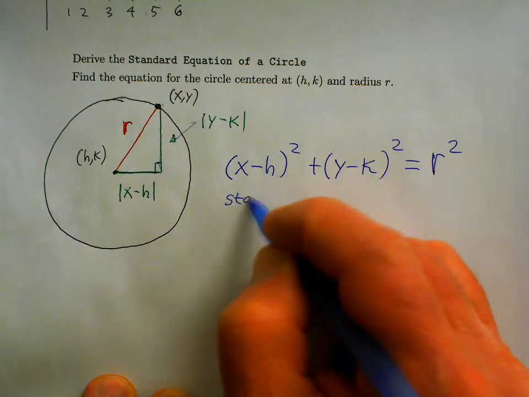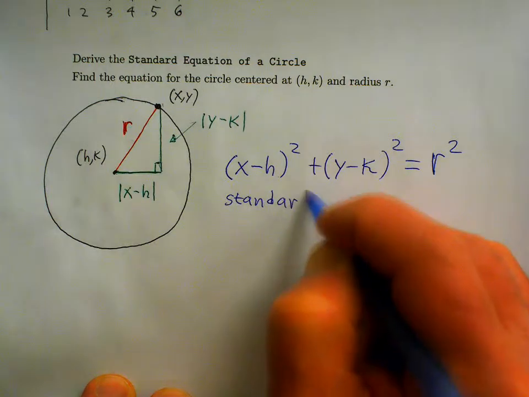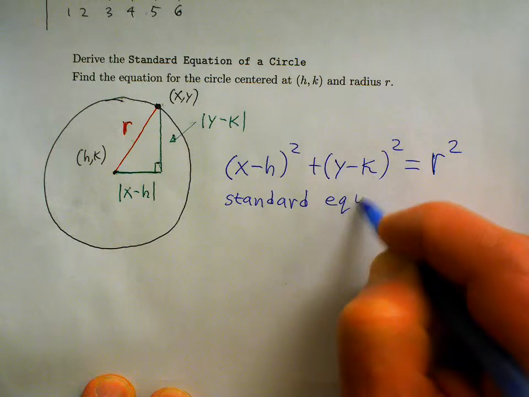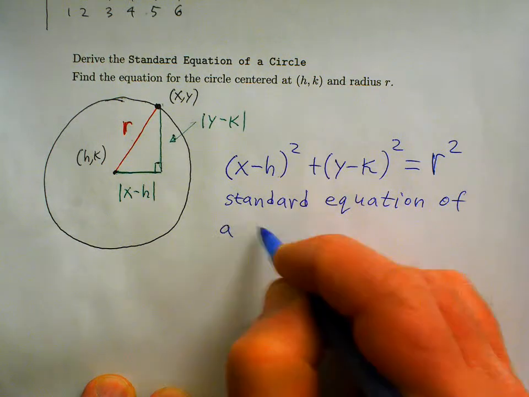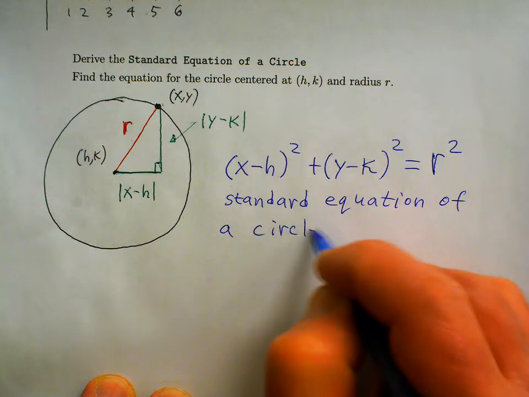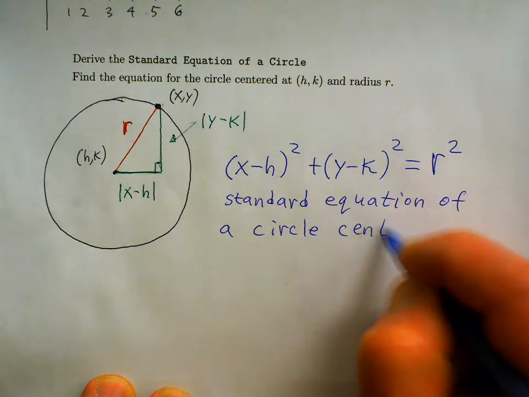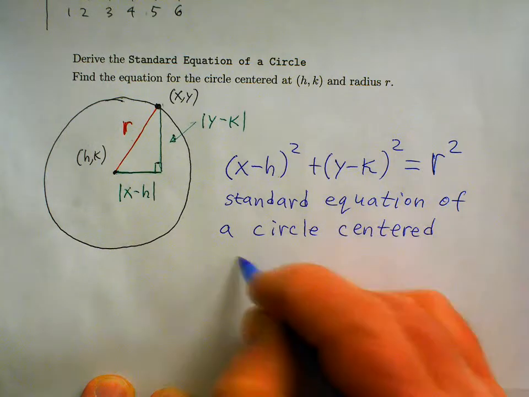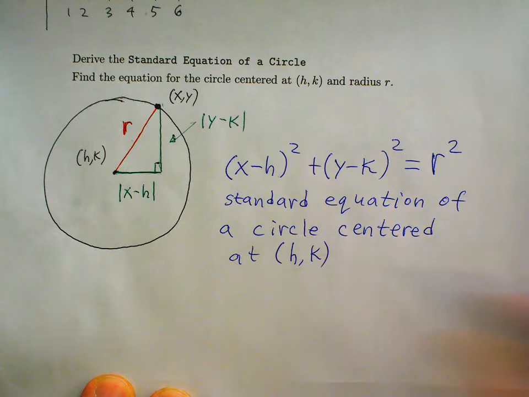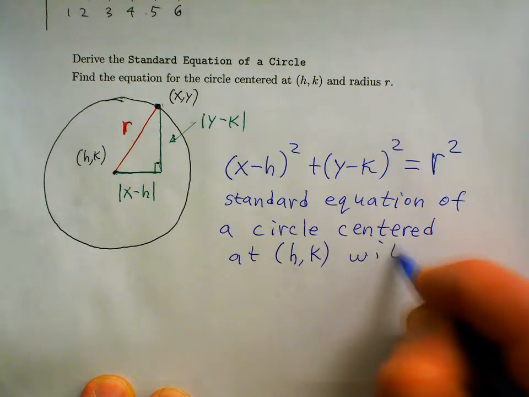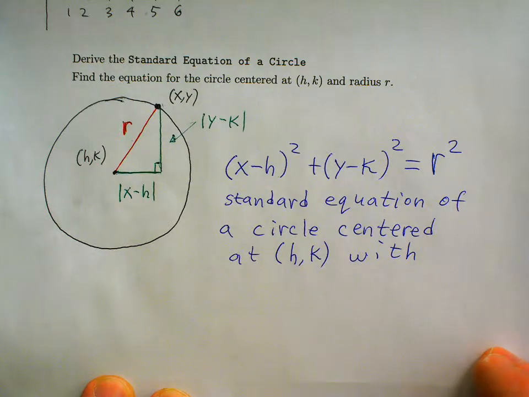Okay, so this is the standard equation of a circle centered at the ordered pair (h, k) with radius r.